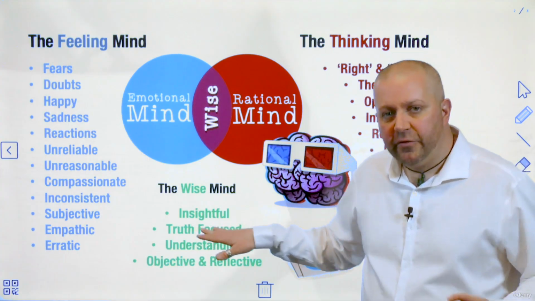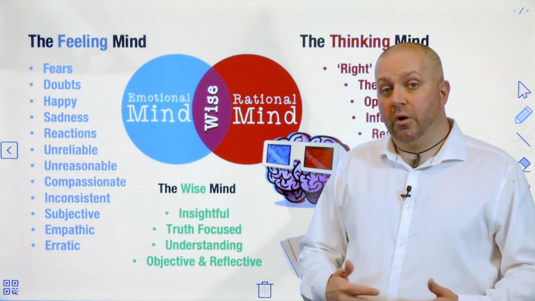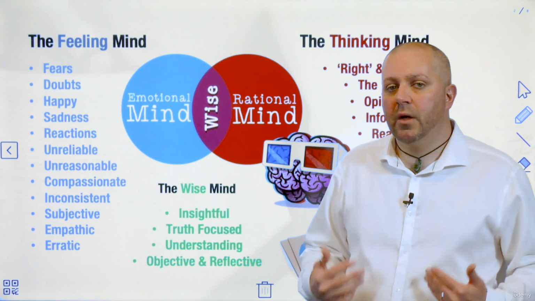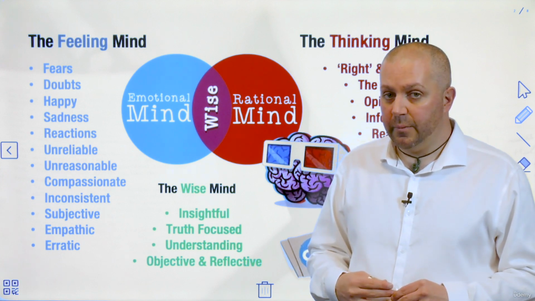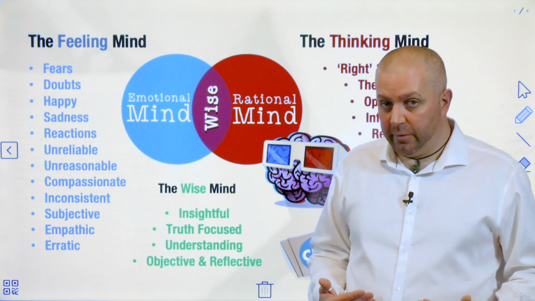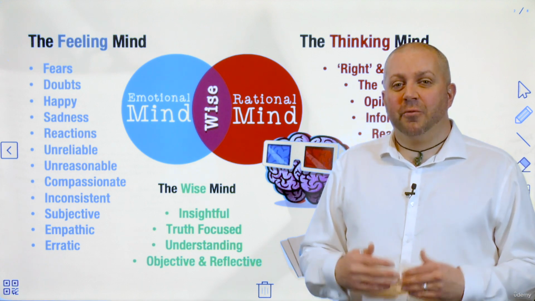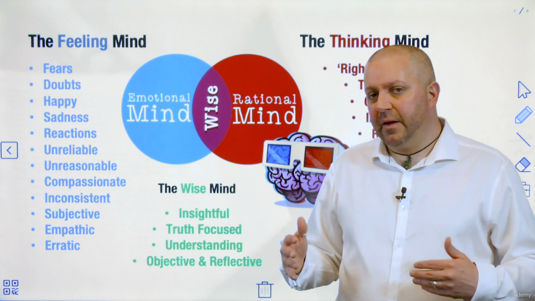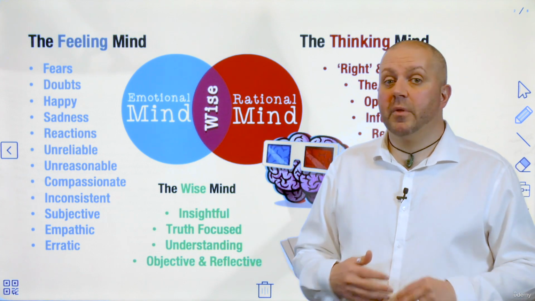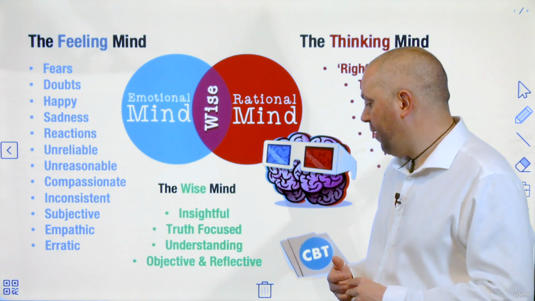So we want to understand ideas, we want to understand ourselves, because if we do not understand ourselves, we're not going to be aware of ourselves, why we say and do the things that we say and do sometimes. And if we're not aware of ourselves, then we might find it difficult to manage ourselves. If we are not competent in managing ourselves, we might find it challenging to manage or influence other people, which is something that we're going to have to learn how to do as cognitive behavioral therapists.